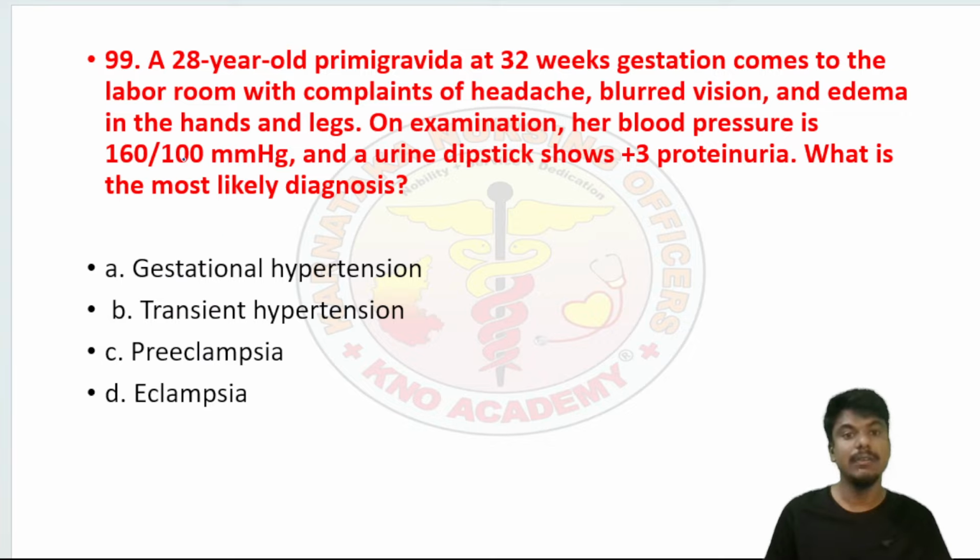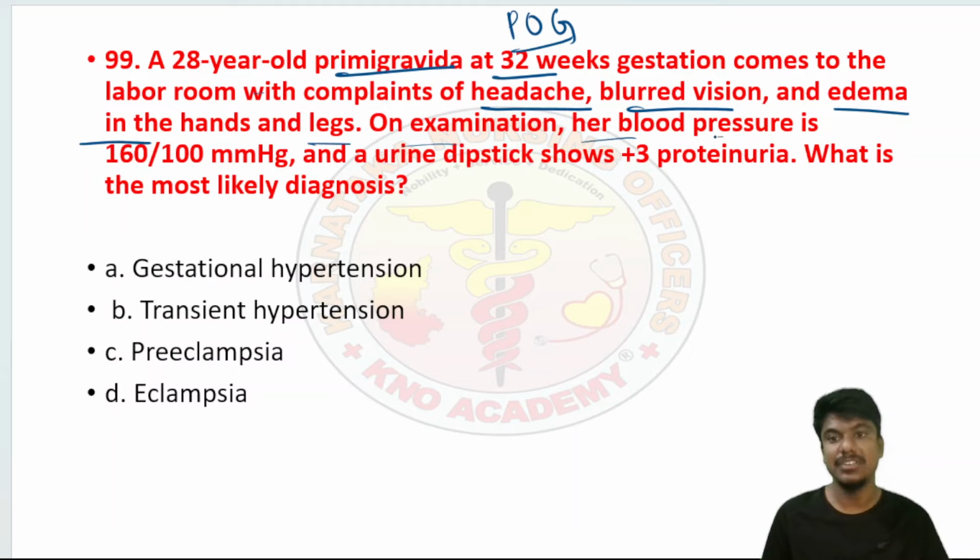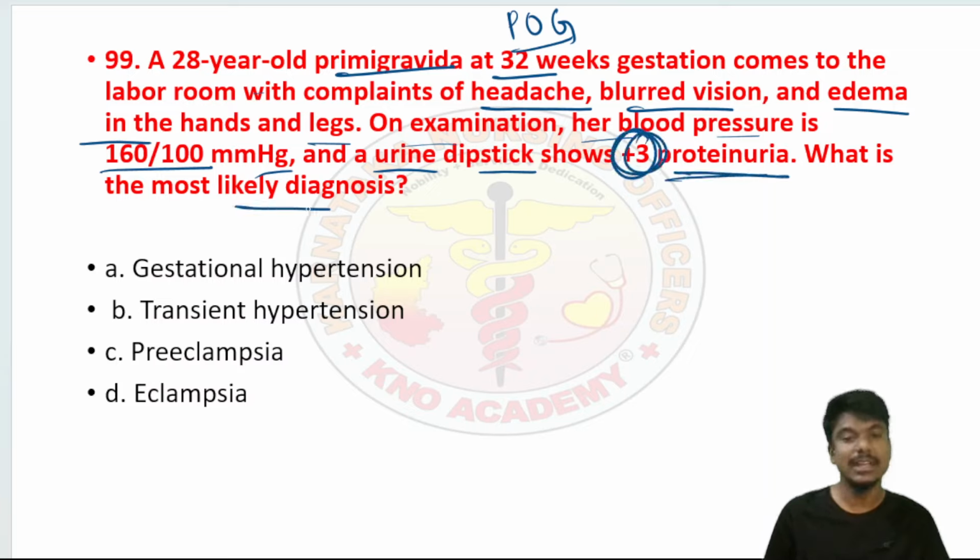Next question. Here we have a 28-year-old primigravida at 30 weeks of gestation who comes to the labor room with complaints of headache, blurred vision, and edema in the hands and legs. On examination, her blood pressure is 160 by 100 mmHg and urine dipstick shows +3 proteinuria. What is the most likely diagnosis?